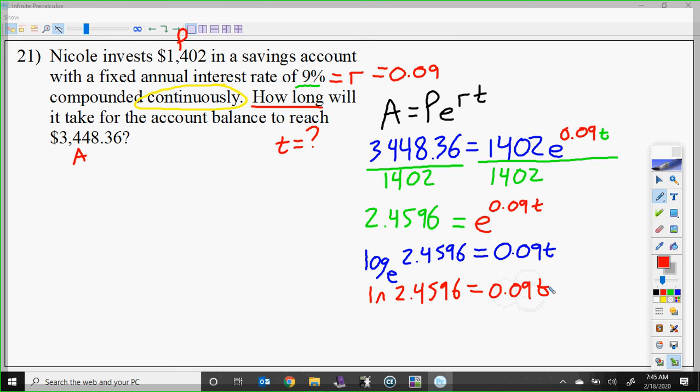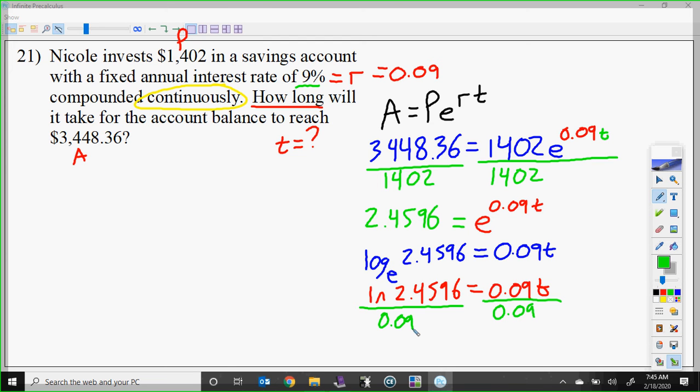And if I look at the right side, I'm trying to get t by itself, so I'm going to divide both sides by 0.09. I could have found the log of that first if I wanted to. So I'm going to hit the natural log button on my calculator. I'm going to go up so that I can use all of that 2.4 number, not just the digits I wrote down.